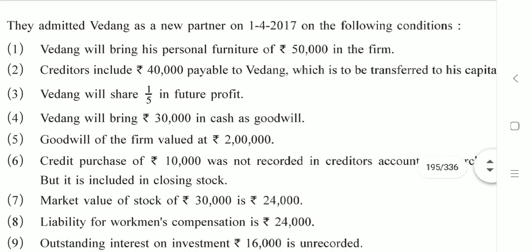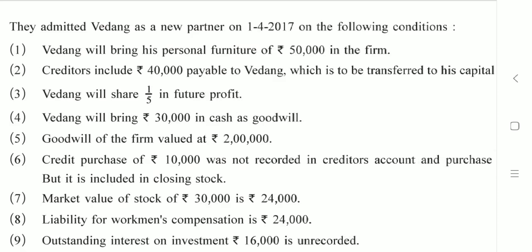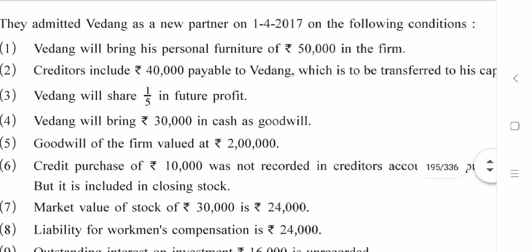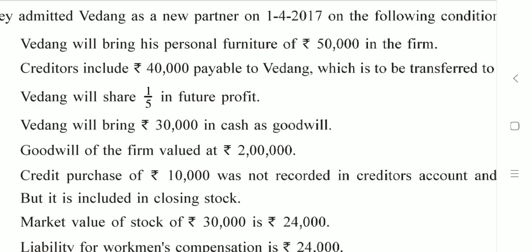So Vedang was supposed to bring rupees 40,000 as his share of goodwill, but he brought only 30,000. So what about the 10,000 which he did not bring? There is a separate accounting treatment for those 10,000 rupees.